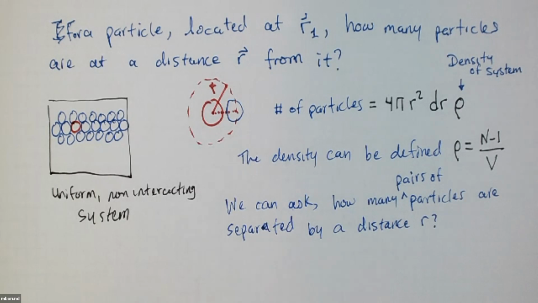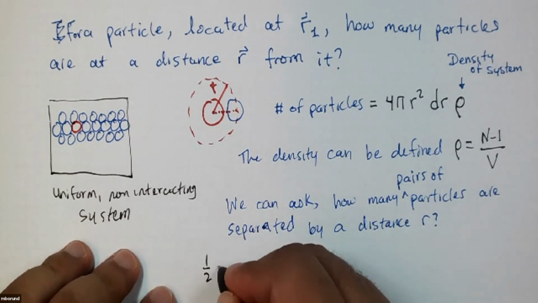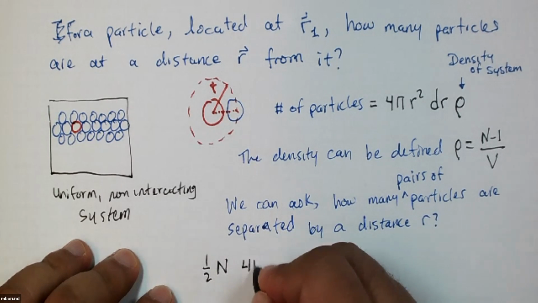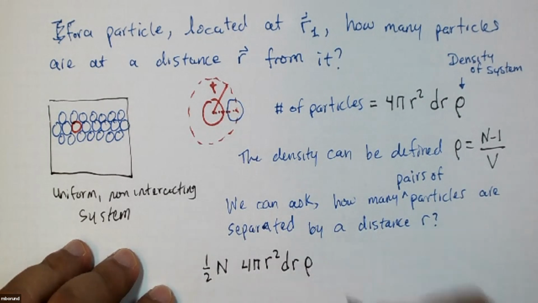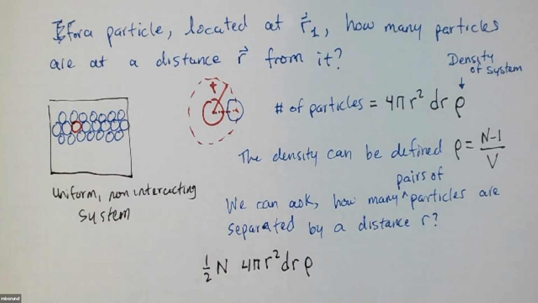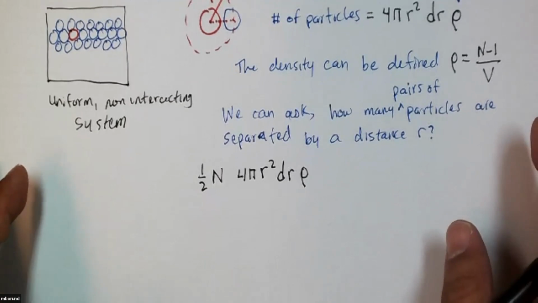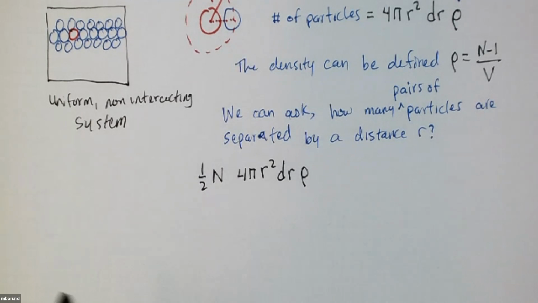So in this case, we can write it, and it would be 1/2 n times the 4 pi r squared dr times density. This is because it's a uniform system. That's why that's the case. They're all the same. It's the same in all directions, kind of like the most boring kind of system, right? Even the discreteness of it is not taken into account at this point because it's just boring, uniform, everything the same.